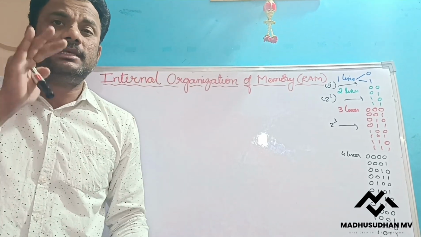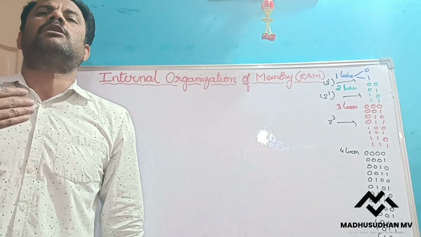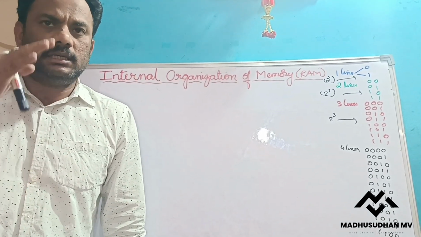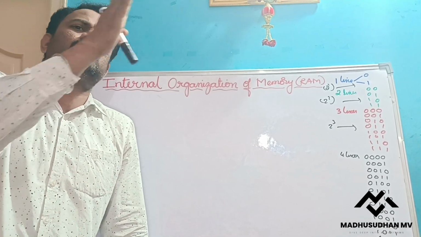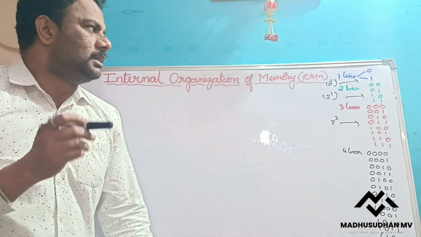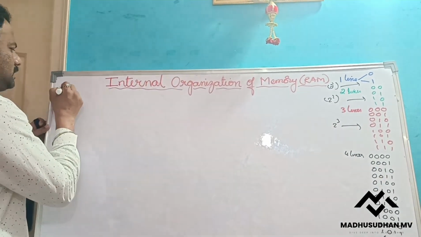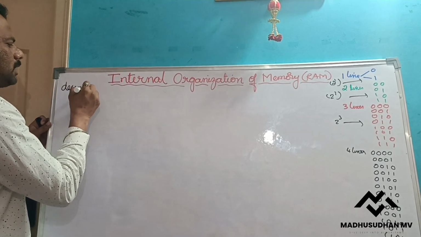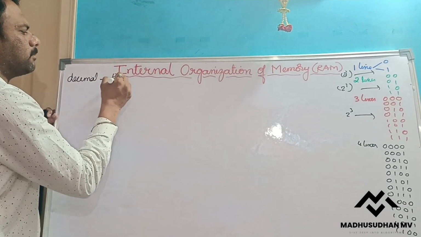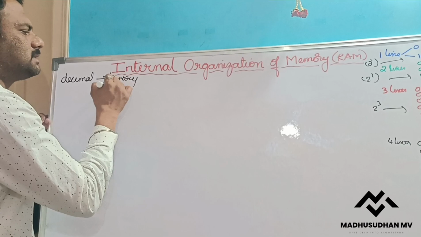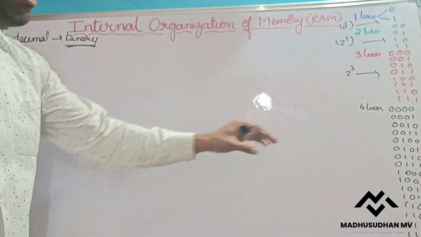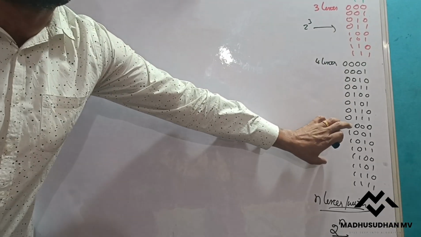These are the decimal number system that we know. But these decimal digits cannot be understood by our system, so the decimal has to be converted into binary. It is already converted; it is a coded format.